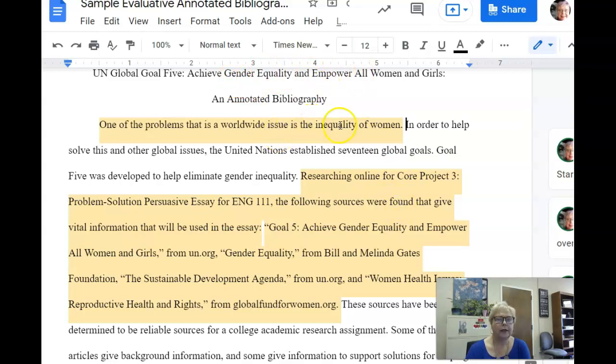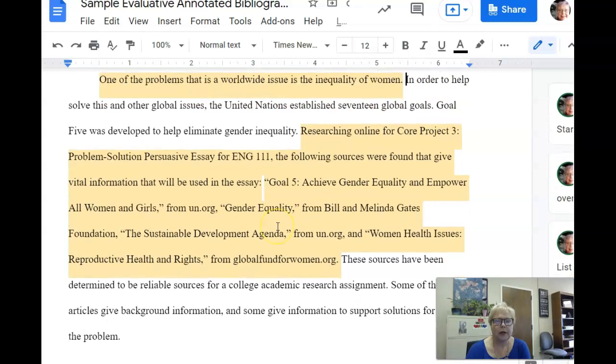So, worldwide issue or problem is the inequality of women. In order to help solve this and other global issues, the United Nations established 17 global goals. So that is why these 17 global goals were established, one of them dealing with this problem, inequality of women. Okay, so that goes next.